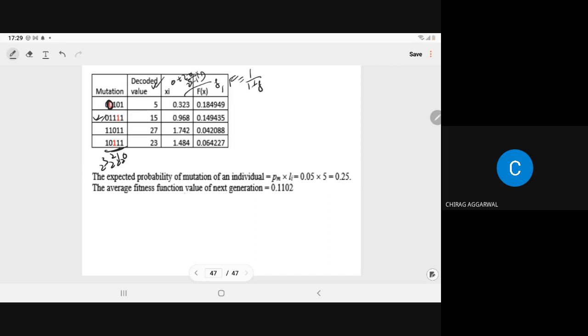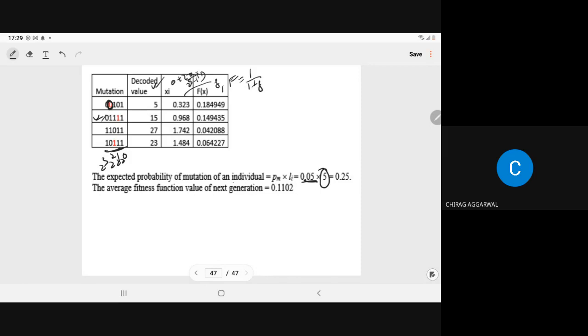The expected value of the mutation will be the mutation probability 0.05 into the string length, which is 5. And in total we have a population of 4, so into 4 also we can do.